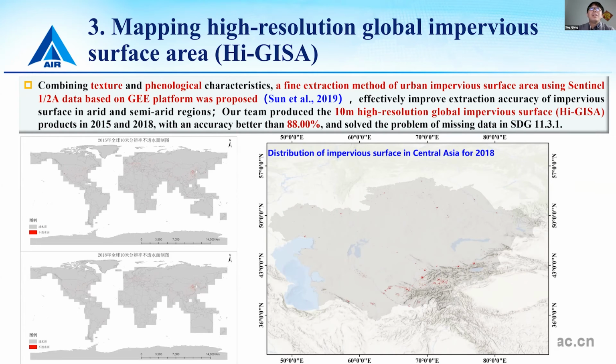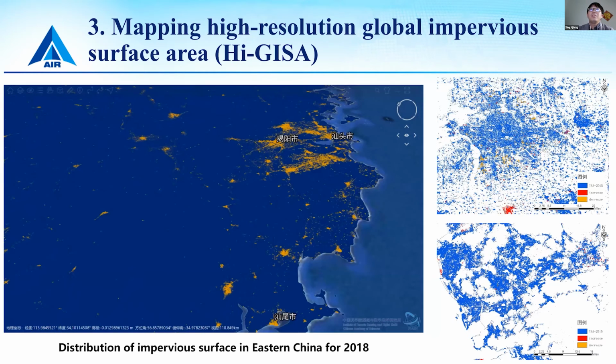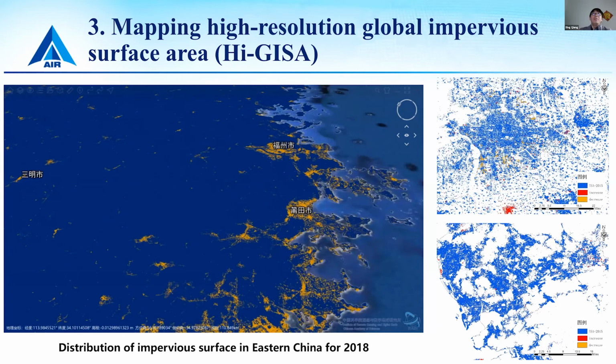Here is a kind of distribution of Eastern China. So the 10-meter resolution data can monitor this urban expansion in great detail. For now, we do it in 2015 and 2018. Now we also start to do 2021.